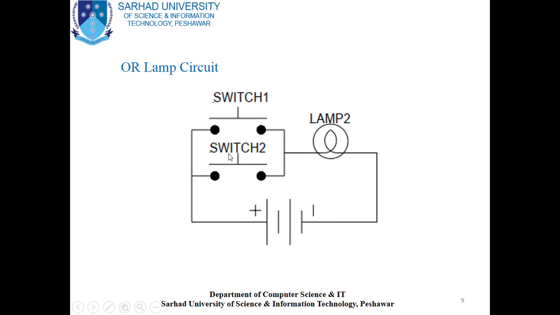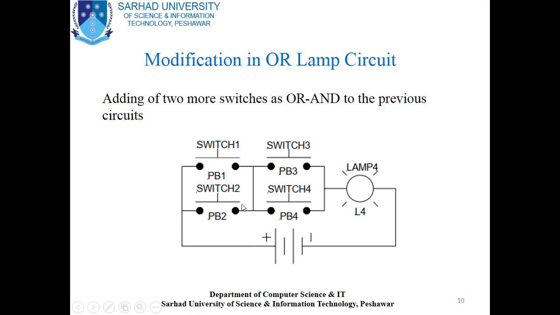If we modify this, in the next slide you can see the modification. We have added switch 3 and switch 4 to the previous circuit. Slide number 9. This is slide number 10, and we have done some modification in the circuit which is given in slide number 9. Here you can see the modification in slide number 10.